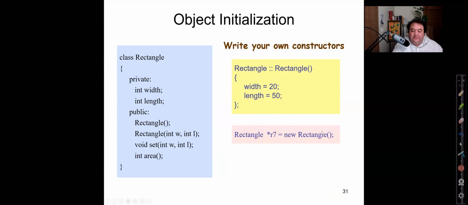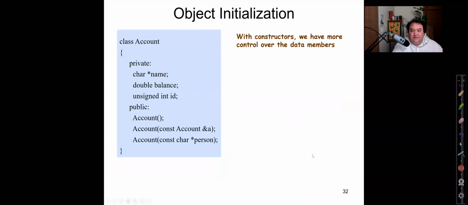And so when you create a new rectangle, this is created with a new, and so you get a pointer that refers to an object where the dimensions are 20 by 50, because that's the default that has been created. So this allows more control.